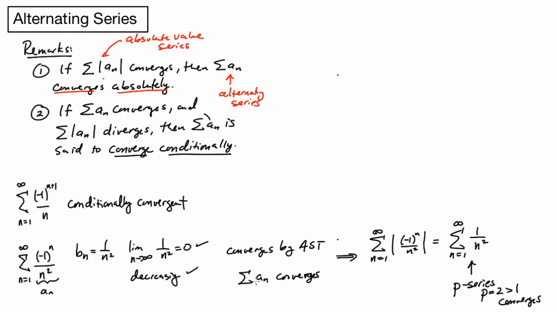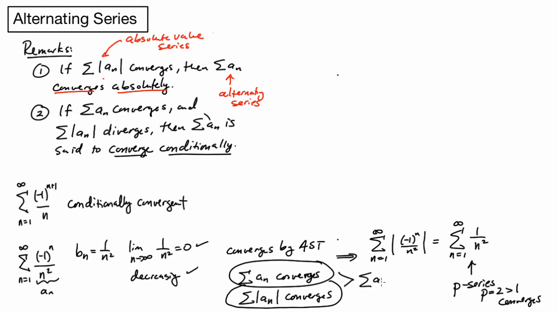So not only do I have the original alternating series converging, but I also have the absolute value series converging. And when both of those things happen together, then the original series is said to converge absolutely. So I can say that this converges absolutely.